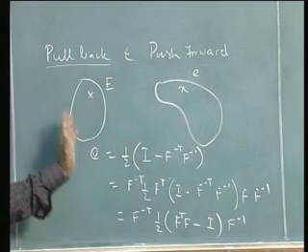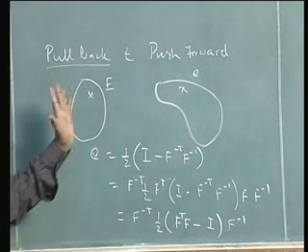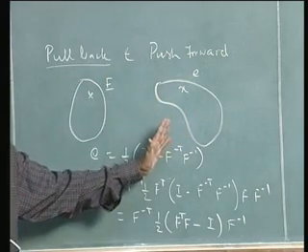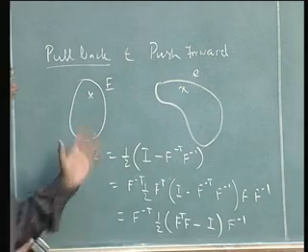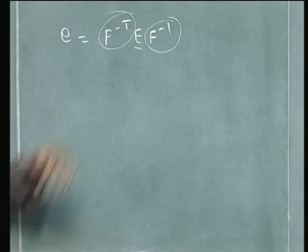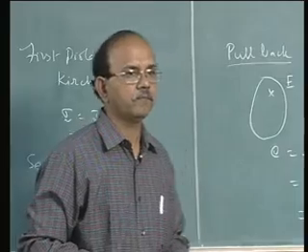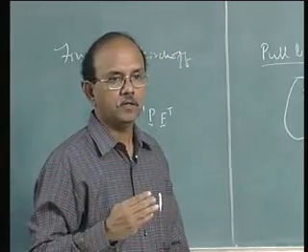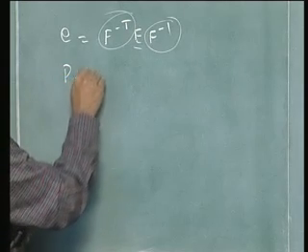In other words, material configuration and spatial configuration. In other words, again, Lagrangian and Eulerian. Now, these are synonymous terms. So this is an operation which pushes forward E. This is called the push forward operation. Pullback is the inverse of this operation.